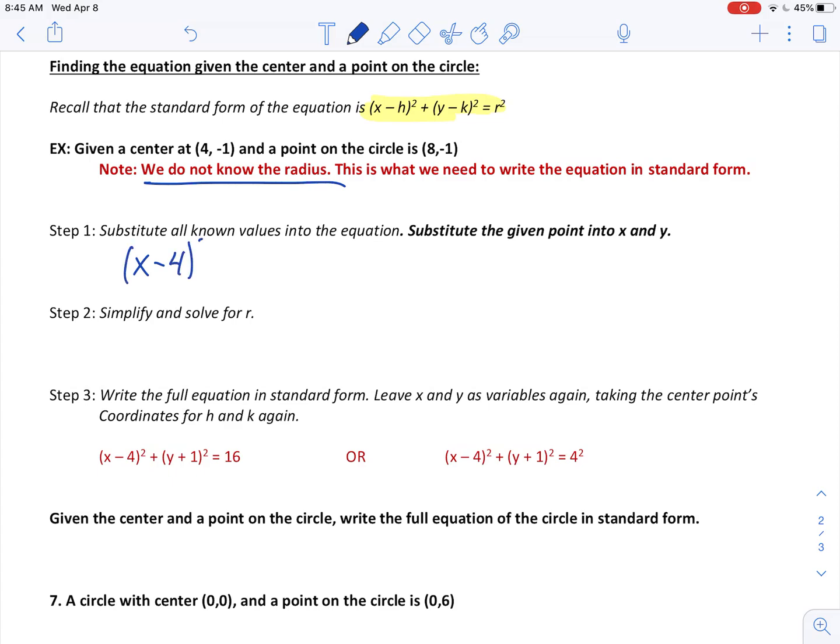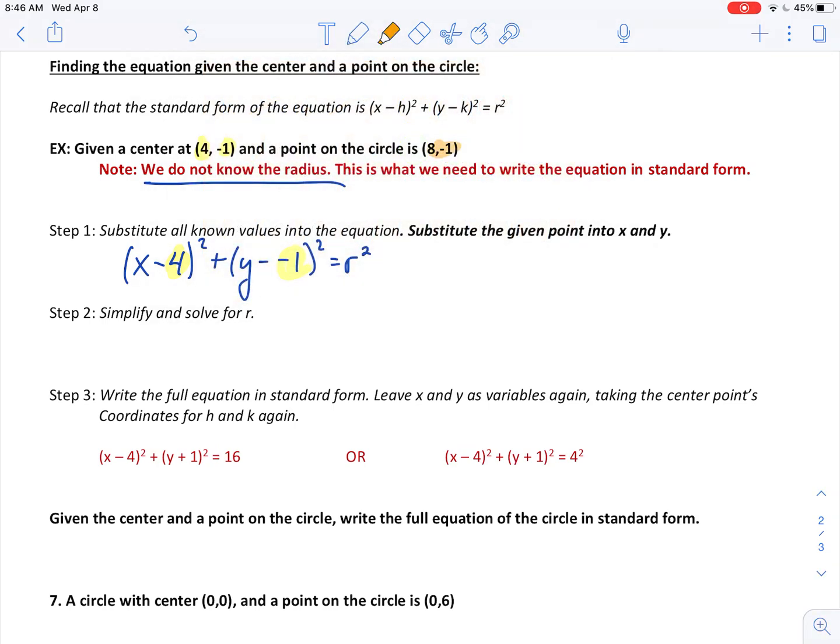So what we're going to do is we're going to fill out our equation here with that information. So note we don't know the radius. So I'll say x minus the center, 4 squared, plus y minus -1.